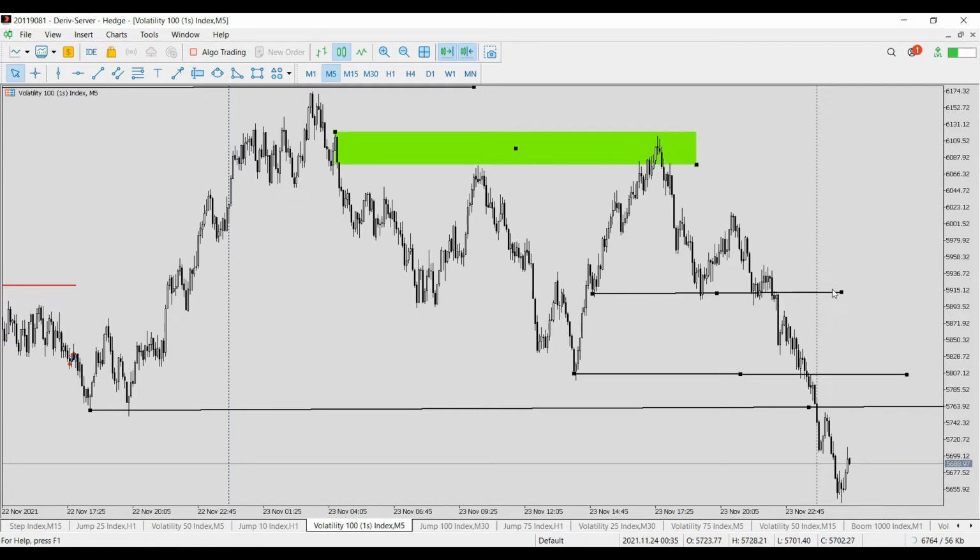It depends on how you trade, and you use proper risk management. I would put my stop loss above here, if, for instance, I see something like this and the market comes somewhere here and goes back up.